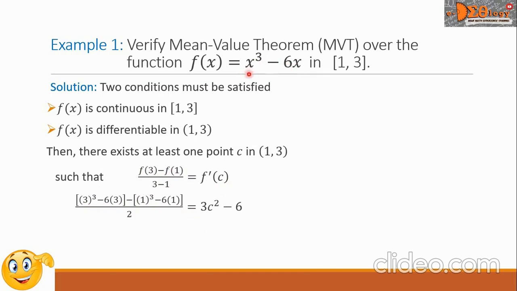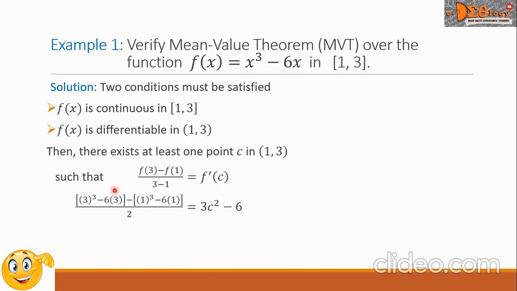We will take the derivative of this function and substitute the value c for every x on the right side. So the derivative here is 3x squared. So we write here 3c squared minus the derivative of 6x, which is 6. So we copy the 6 here.